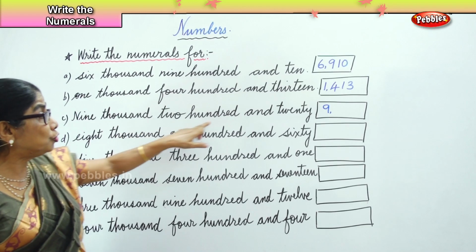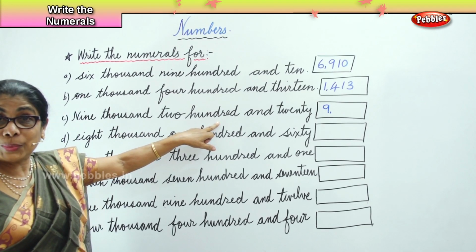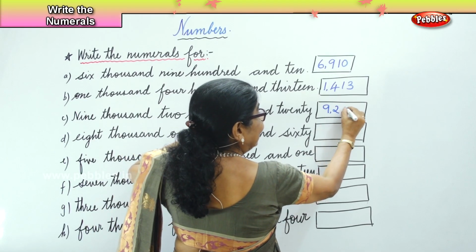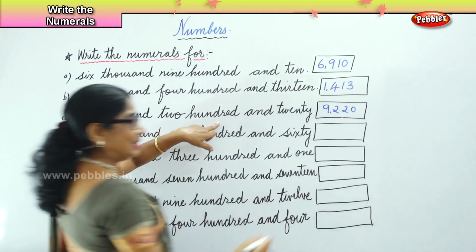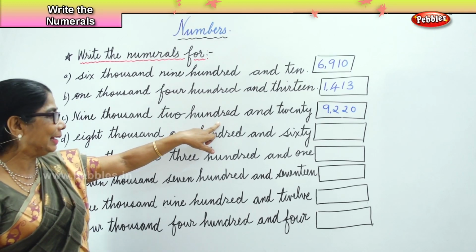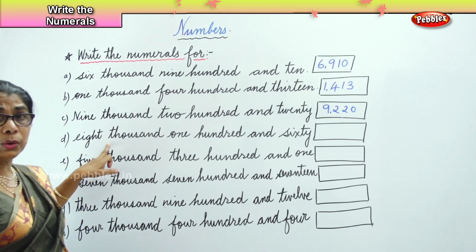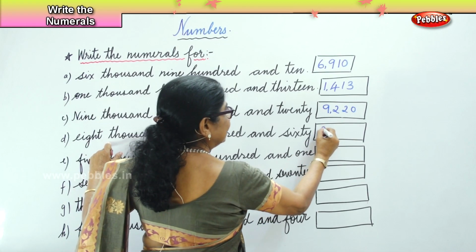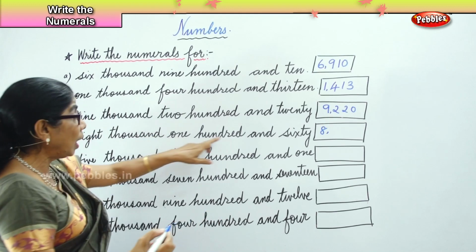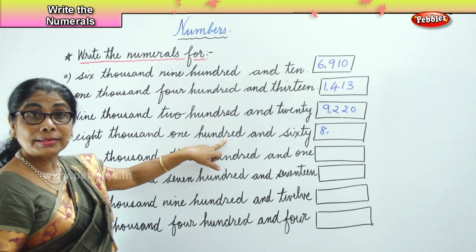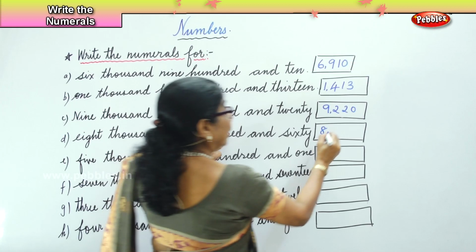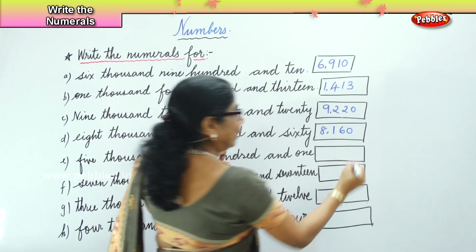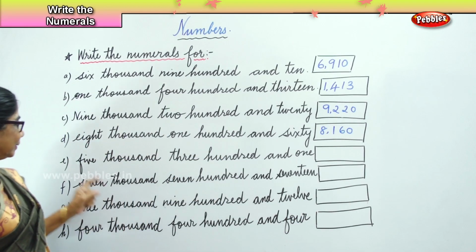Next. 220. 9,220. Very good. Next. 8,000. 160. Good.